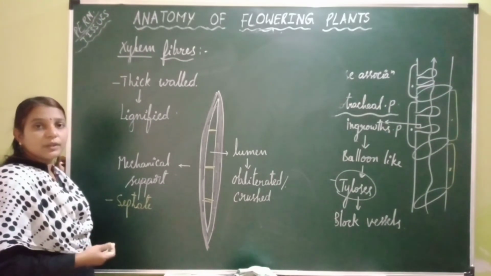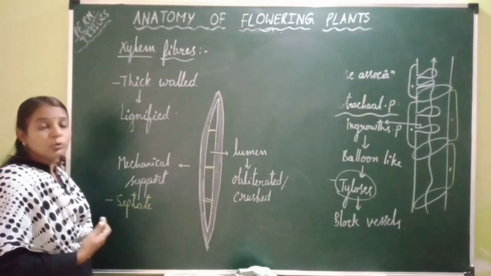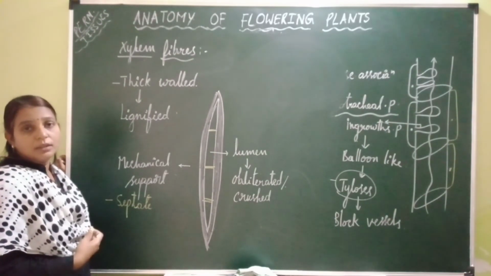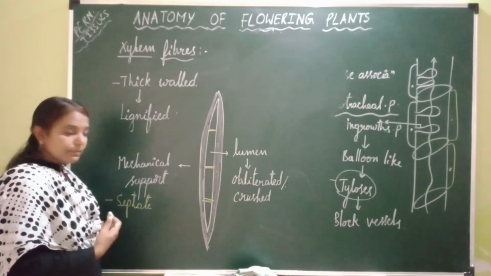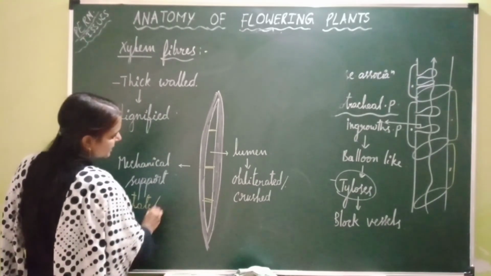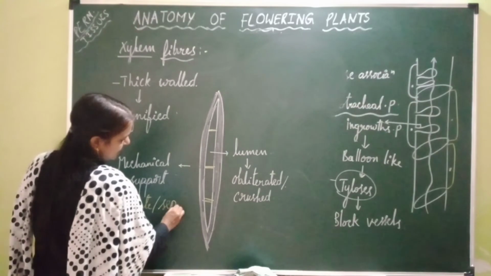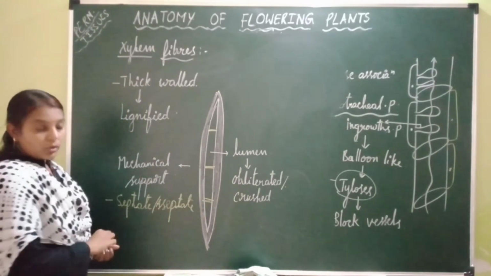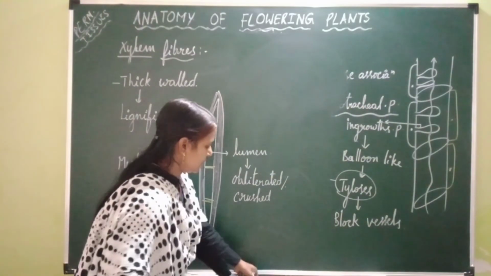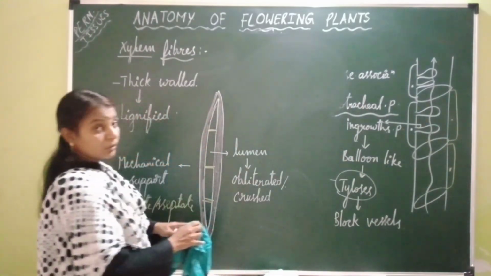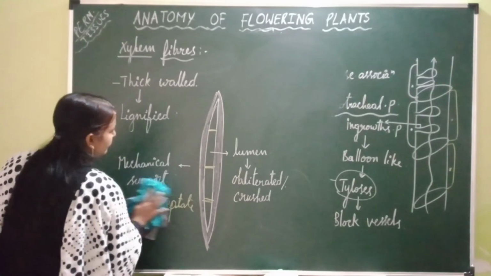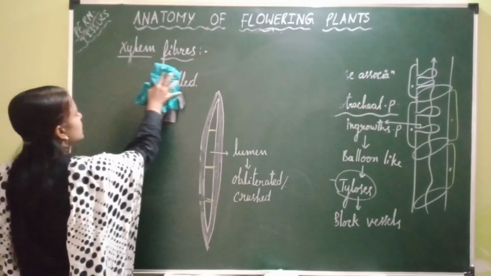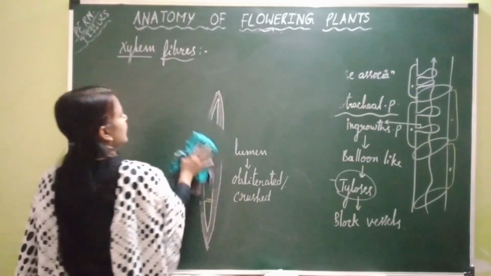In the next video I will start with two different types of xylem on the basis of their origin, that is primary xylem and secondary xylem. Hope you understood this concept. And again primary xylem is of two types, that is protoxylem and metaxylem.